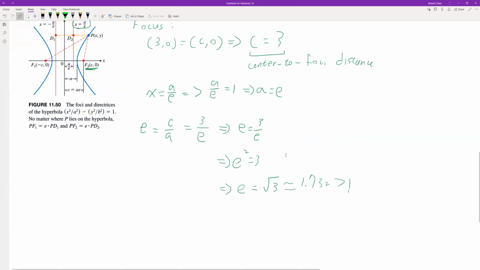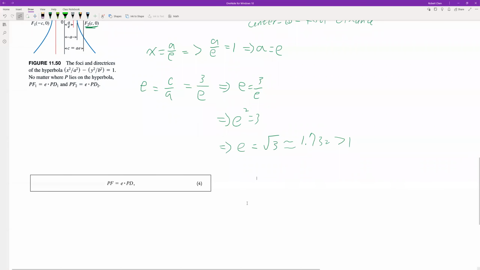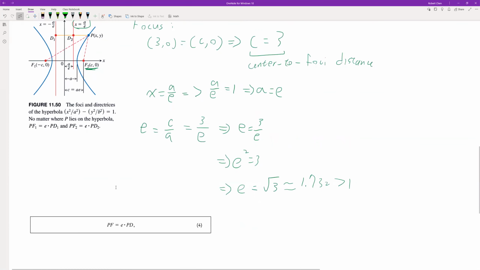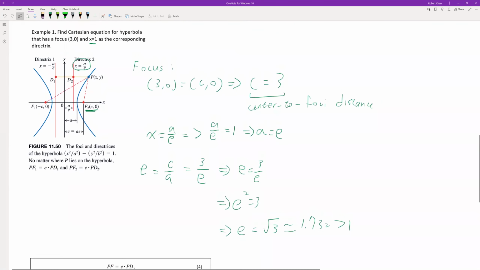And next, how do we find the equation for the hyperbola? And here is the formula that we're going to use. PF is equal to E times PD. Now, this formula is not going to make sense now, right? But let's look at the picture, right? So PF is the distance between the point P and the focus, right?